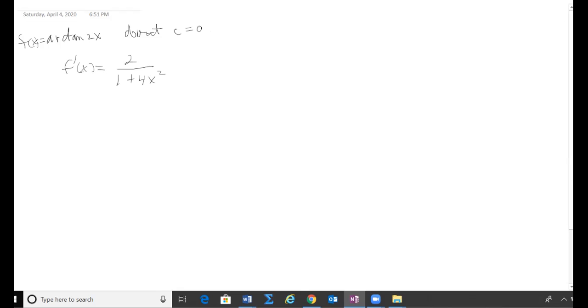So I could do that, and then I'm going to integrate it to go backwards to f of x. That's the idea. So in here we identify the a is a 2, and the r is a negative 4x squared, because this is 2 over 1 minus negative 4x squared.